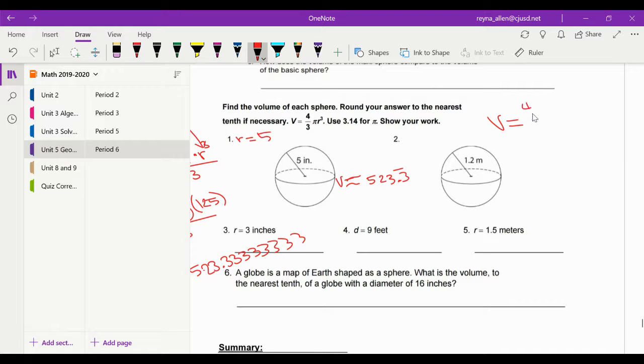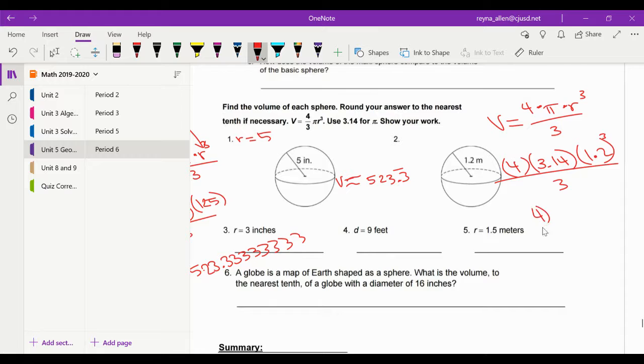Volume equals 4 times pi times radius cubed divided by 3. Okay, 4 times pi times my radius. Make sure that's cubed. Divide by 3. Miss Allen, you're going too fast. Guess what? You can pause the video. Isn't that cool? Okay. 1.2 times 1.2 times 1.2. That is 1.728.